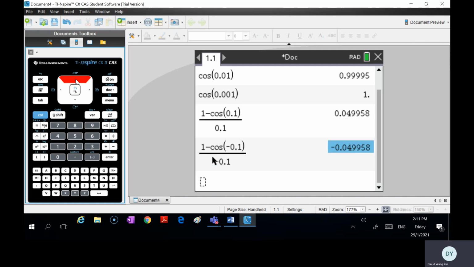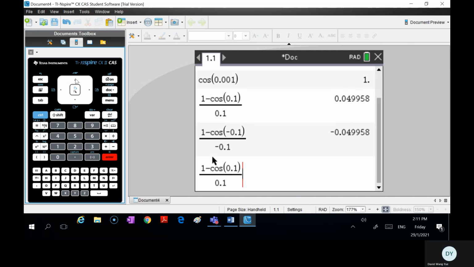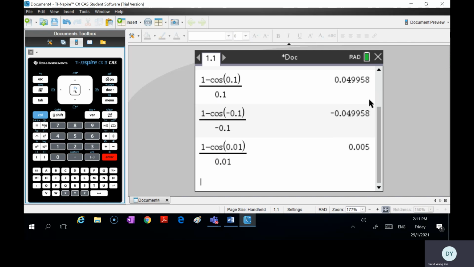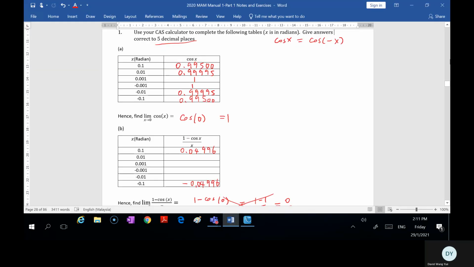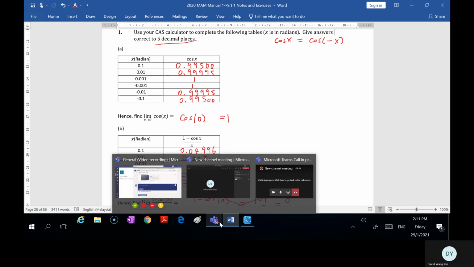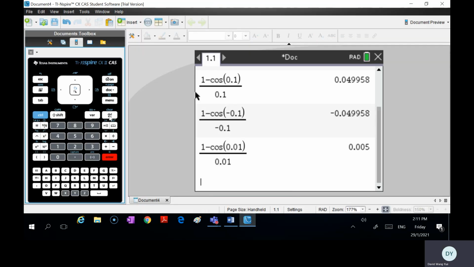Now let's change to 0.001. We get 0.0005. I believe this one is also negative 0.0005. Let's double check.